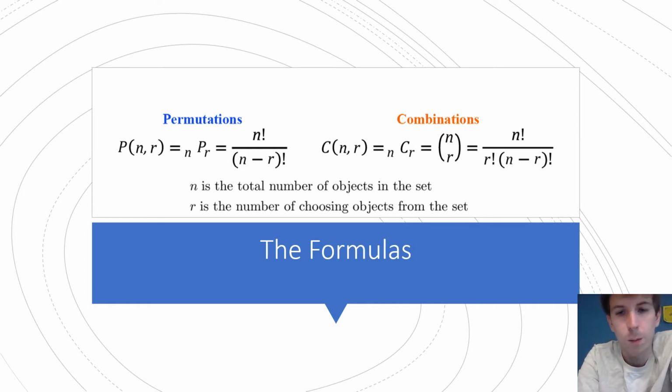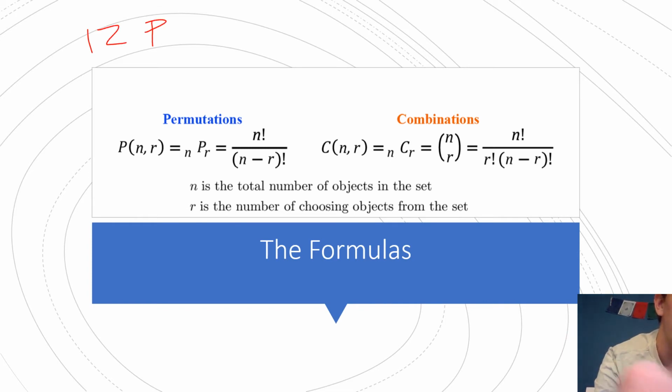If n is the total number of objects in the set, thinking about our last 2 examples, that would be n, the number of members, which was 12. And r is the number of things we're trying to choose. In both examples, we were trying to choose 3 objects. So what we found for that first one where the order mattered was 12P3.